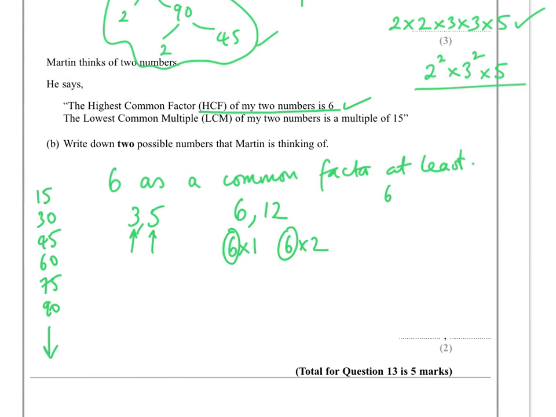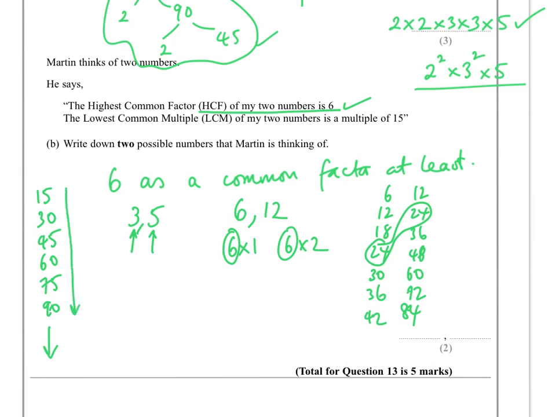Well, if you did the 6 times table, and then the 12 times table, and so on, do you get them to be the same? So let's look at the lowest common multiple here, 24, and that is not in the 15 times table.